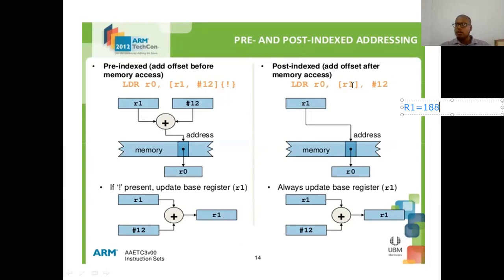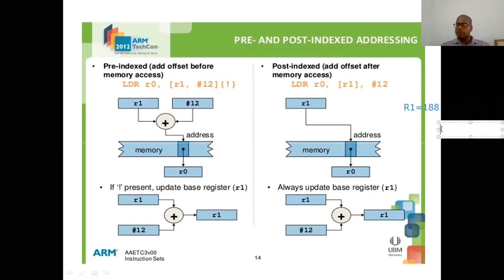I am considering this 188 as an address. So where is that 188 address? Here. Whatever the value that is present in the 188 address is being transferred into the register. For example, I have 20 at that particular address. So that 20 is going to be moved into this R0 register.